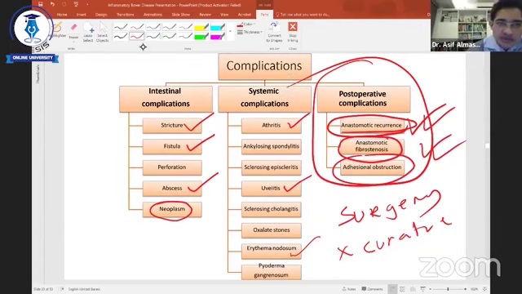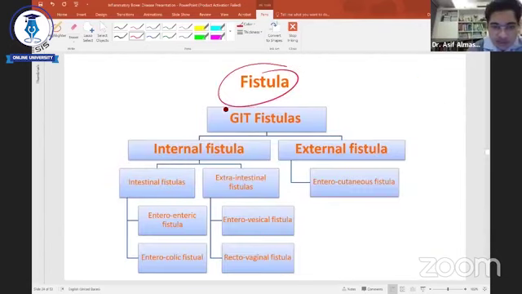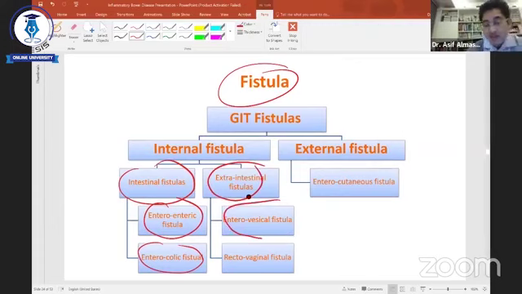Again, the different types of fistula. The internal fistula, the enteroenteric fistula, enterocolic fistula, extraintestinal fistula, for example, enterovesical. This is quite common. I have seen almost 4 or 5 patients who had enterovesical fistula. That means the intestine has communicated with the urinary bladder.